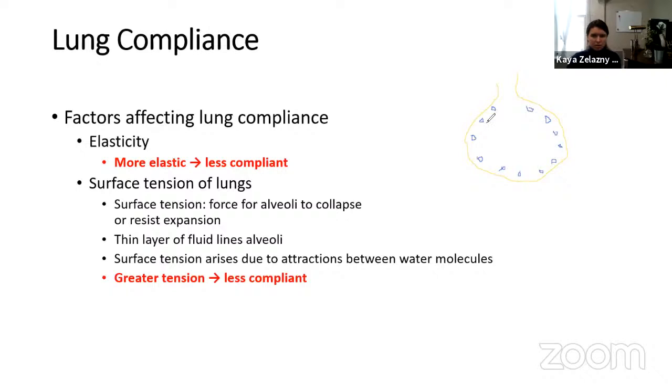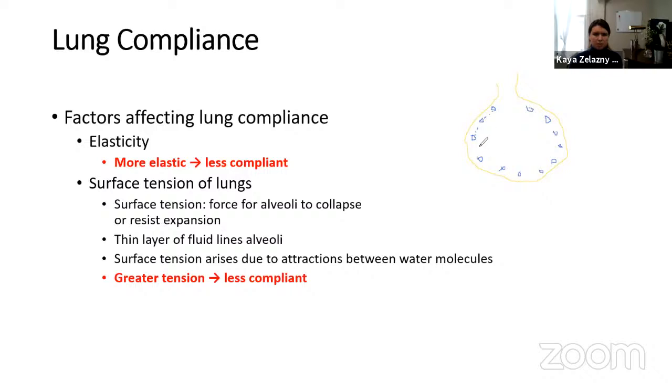Surface tension is really due to the fact that water molecules are attracted to each other. Hopefully you vaguely remember from your earlier bio or chemistry classes this idea that water molecules try to form hydrogen bonds between them. And that's what surface tension is.